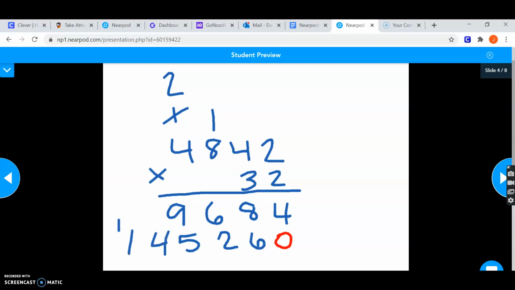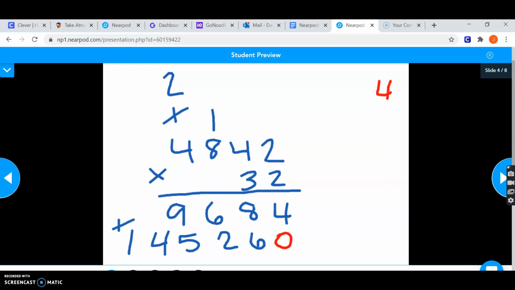So, after you have your 2 partial products, you're going to go ahead and add them all up. I'm going to do that over on the side, up in the right-hand corner, because I don't have any more room underneath. But we have 4 plus 0 is going to give me 4. 8 plus 6 is going to give me 14.